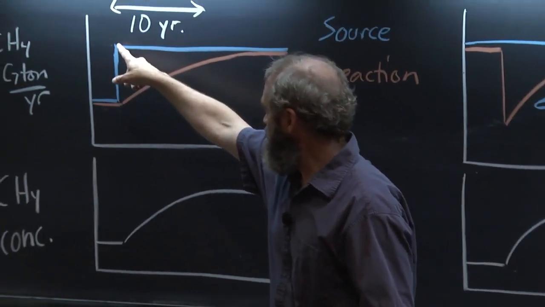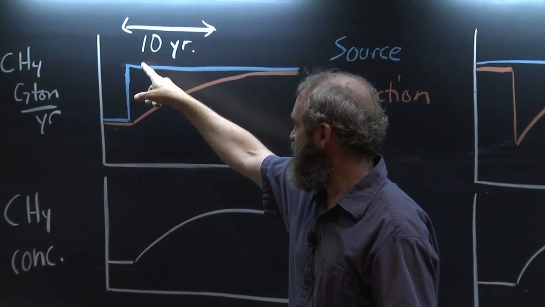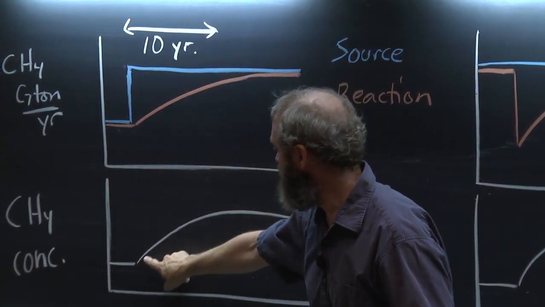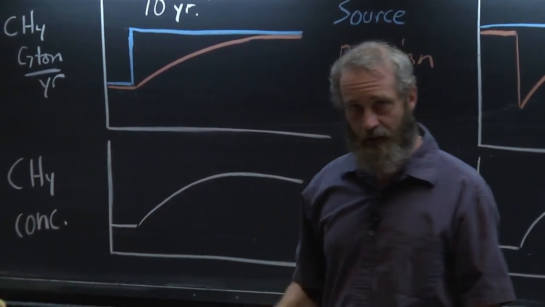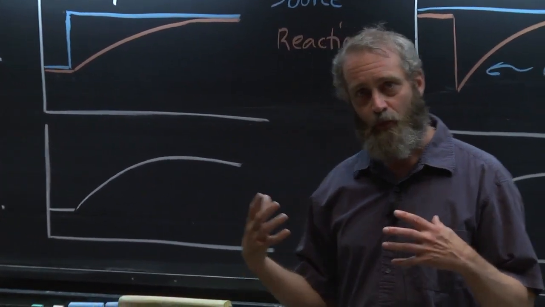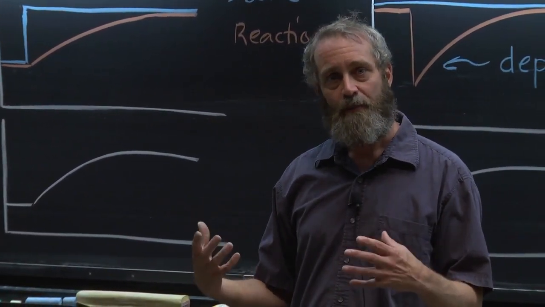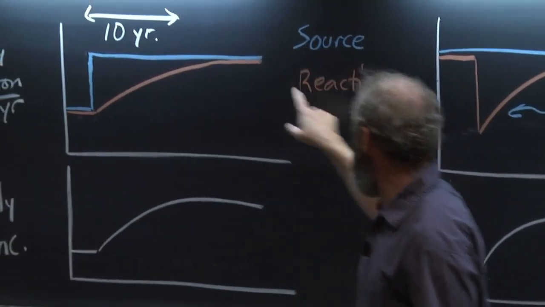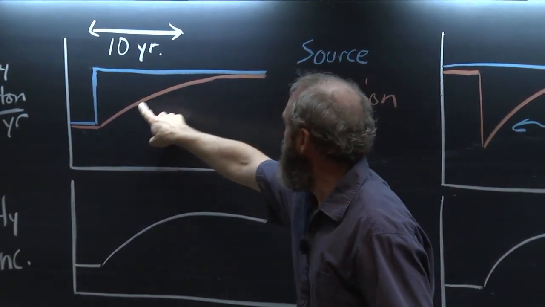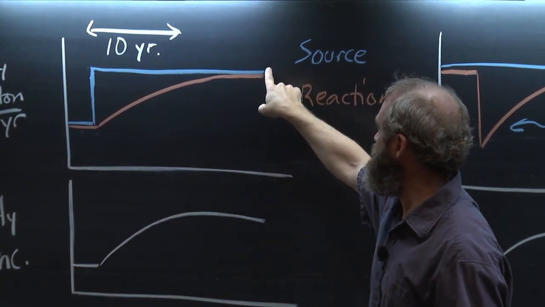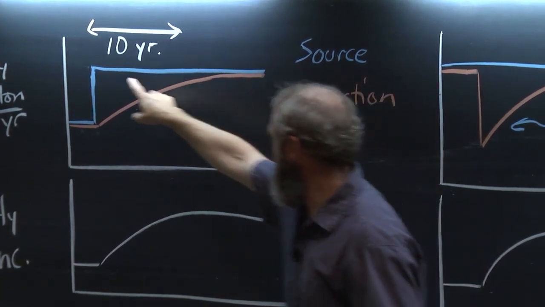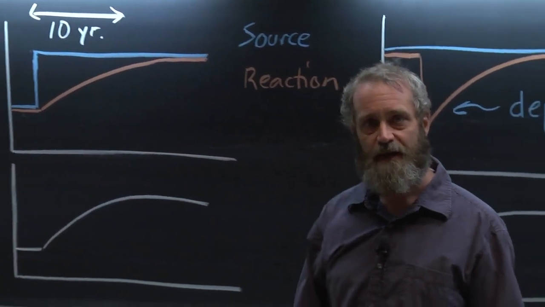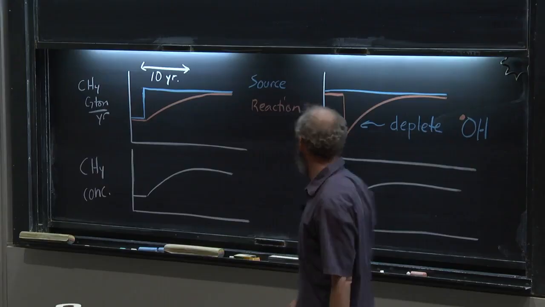At this point, you'd be putting more methane into the system than you're taking out, and so the methane concentration would rise, and the rate that methane will react will go up as you have more methane. And so then the reaction of methane will grow until it balances the source again. And this takes about 10 years, that lifetime of methane in the atmosphere.